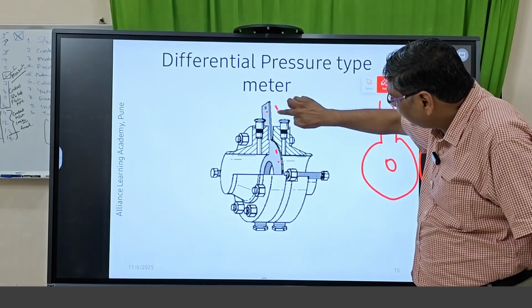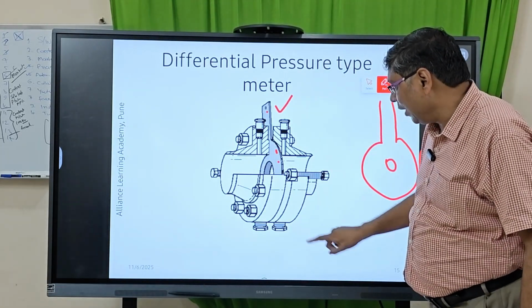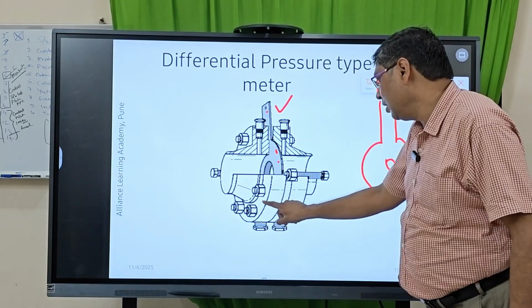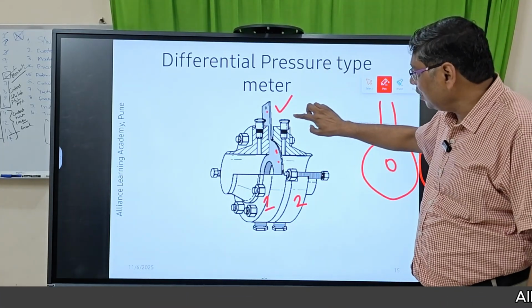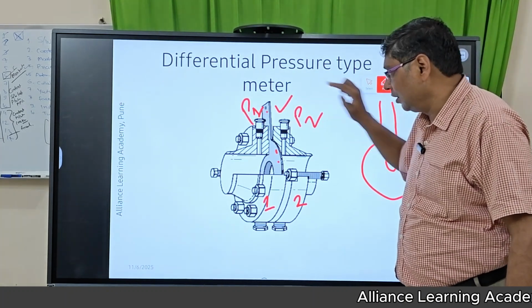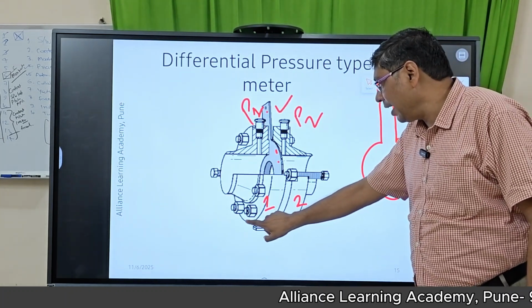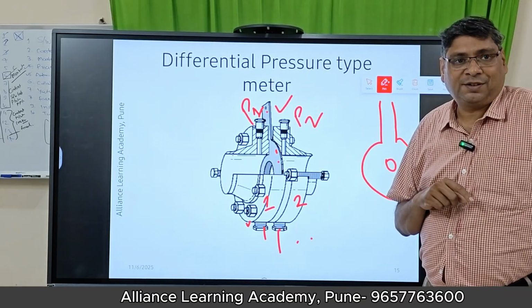This is the flange, this is the orifice sandwiched between the two flanges, flange number 1, flange number 2. Okay, and you see here are the tapping points P2, P1. These are the nuts and bolts. These two are the drain ports.